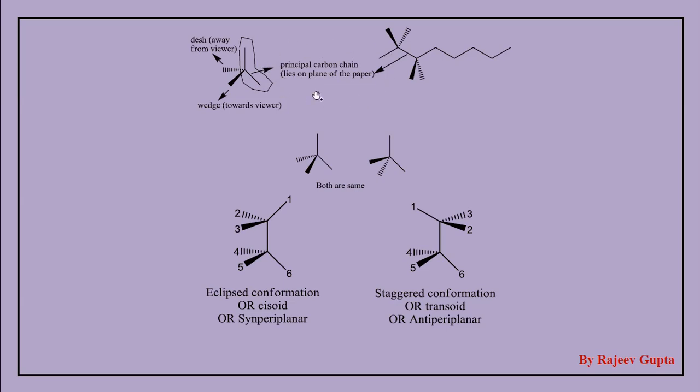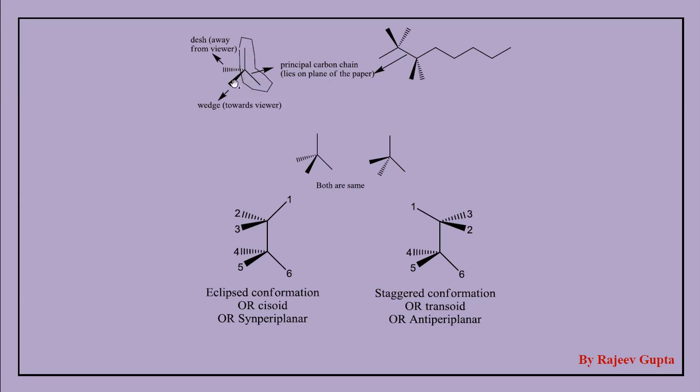That principal or longest carbon chain in an organic molecule will be put in the plane of the paper. So this is the principal carbon chain, which is situated in the plane of the screen or plane of the paper.